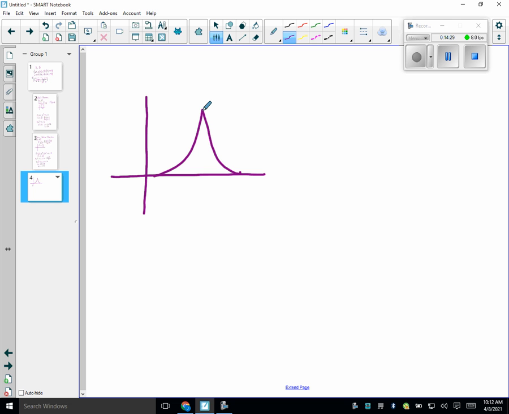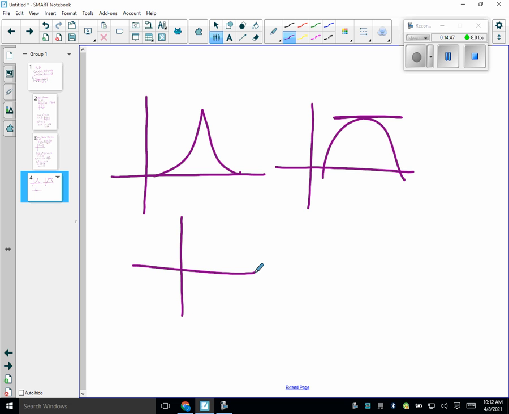If I had a graph that looks like this, whatever this is, it's a critical number because that's where the graph turns around. Understand those are critical numbers? Remember another time we dealt with when it didn't have a derivative, when it had a vertical tangent?